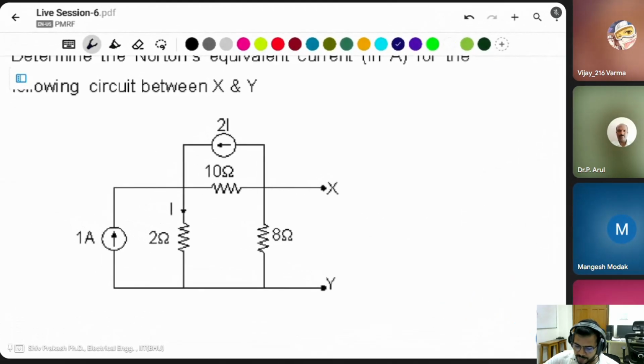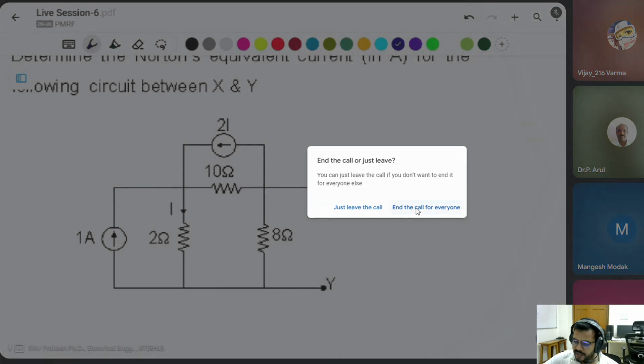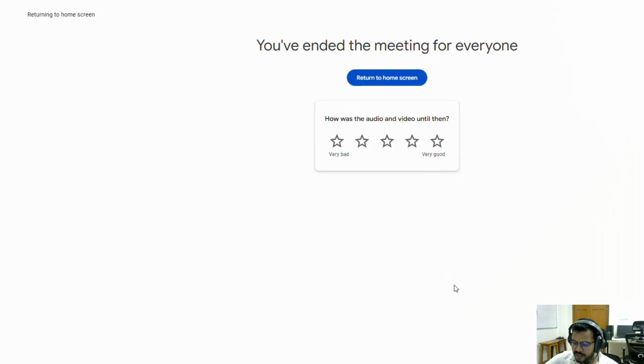After that, 2I is outside. Then what is this current? This current is 1 minus of I. It means the same current is IN. Then you can directly say that IN is equal to 1 minus of I. We'll get the one equation.